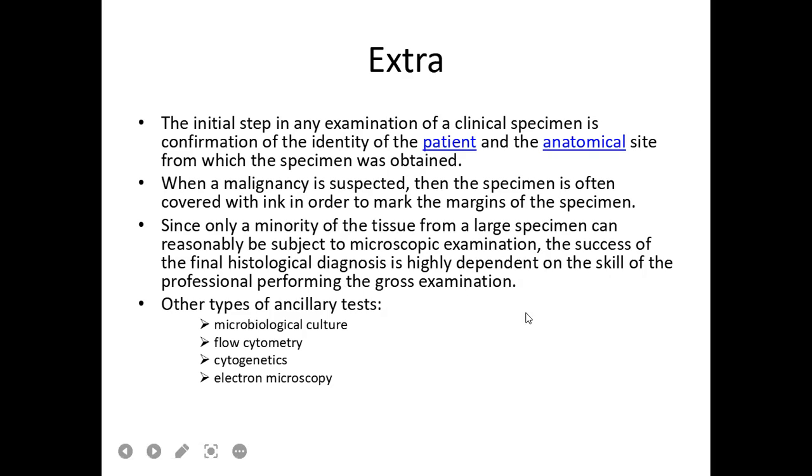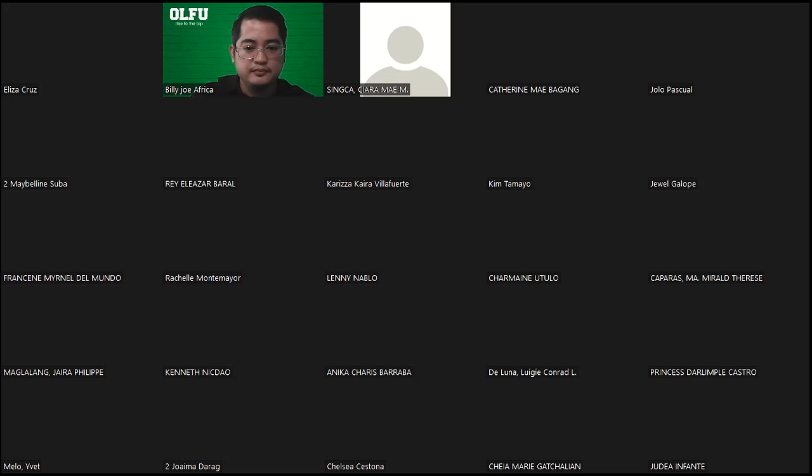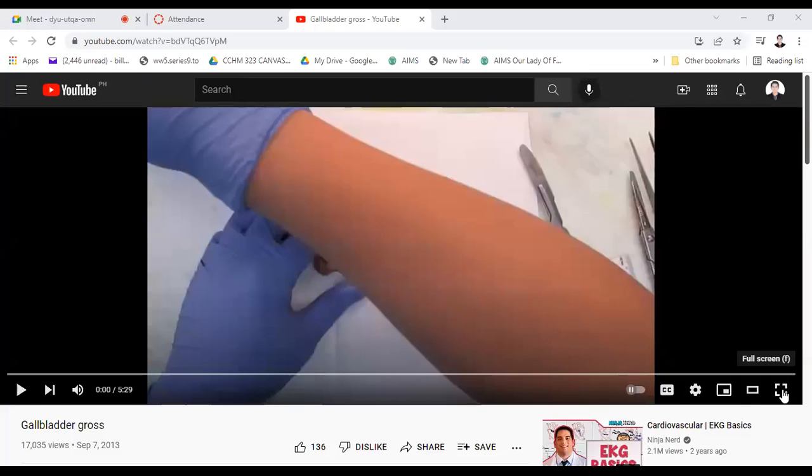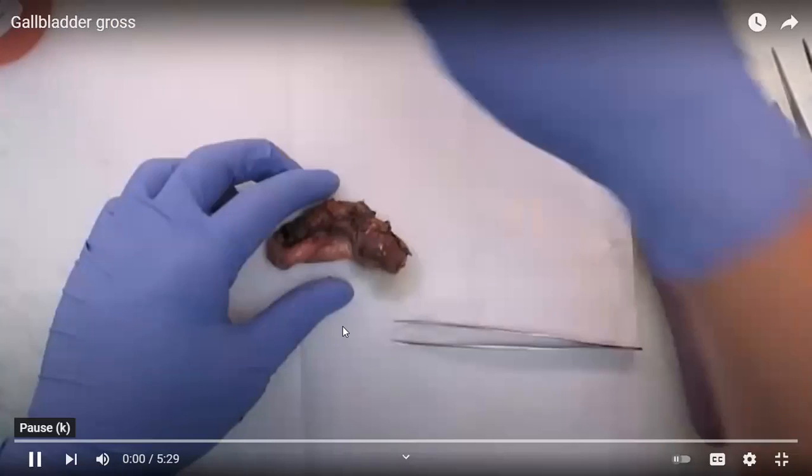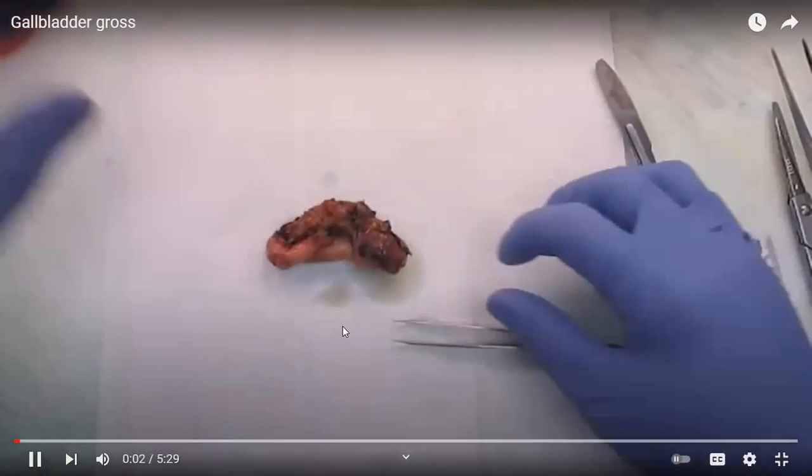So related to it, we have a video. So let me show it also. So this is a gross examination of a gallbladder. Here is the gallbladder.